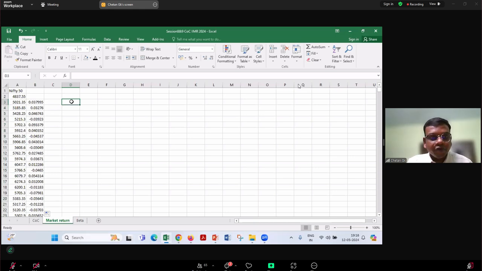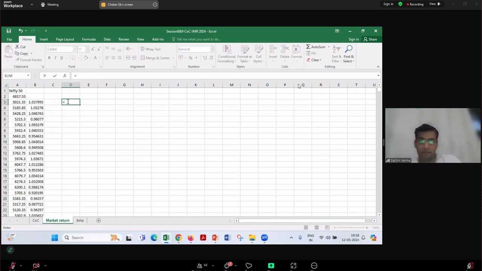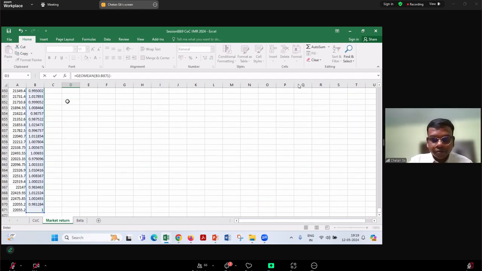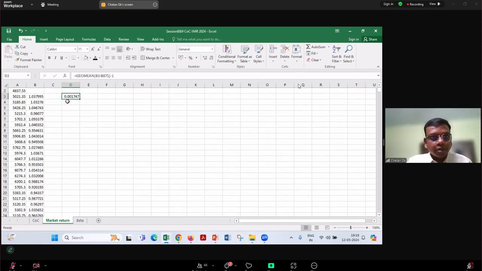So remember this is a weekly data. So I'll do it in one step. So we want to compute CAGR return. So +1. So geomean, let's see whether it works here. It's working.